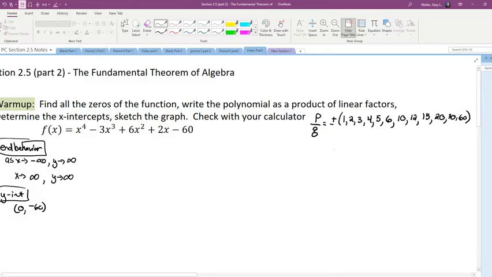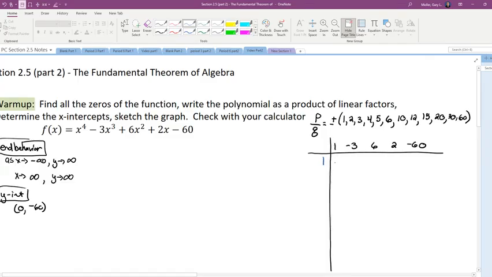So let's take our coefficients, 1, -3, 6, 2, and -60. And if you're good at synthetic division, then stacked is going to be your most efficient method, both with size and time. All right, so let's just start grabbing numbers and give them a try.